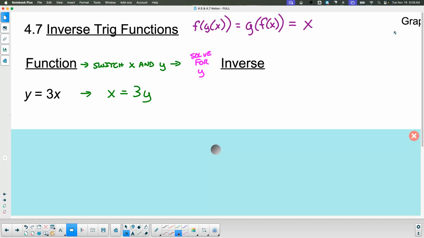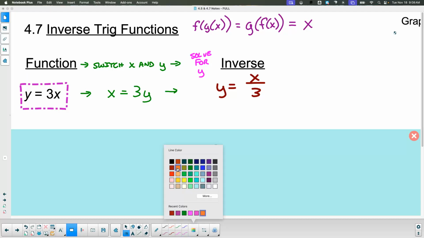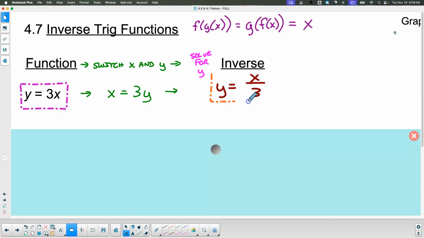Well, if I'm solving this one for y, then I get y equals x over 3. And these two functions, 3x and x over 3, are inverses.